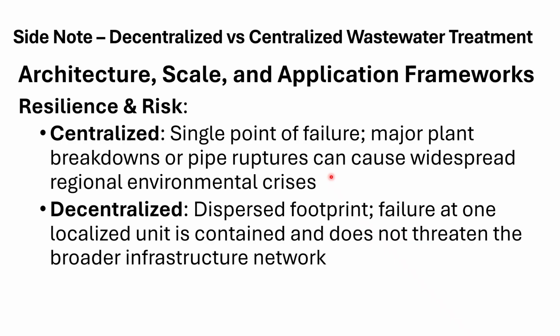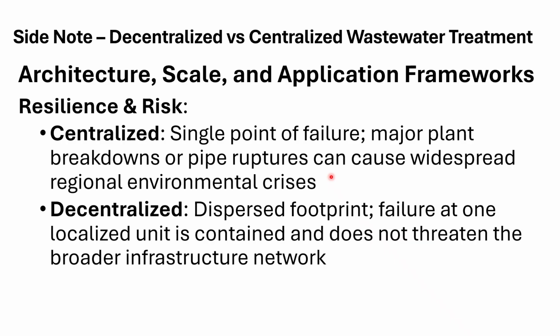So you may have read in the paper over the past several years, E. coli discharges, different types of problems at the wastewater plant. Think about that. There's one wastewater plant for the entire city of Santa Fe. If that one wastewater plant went down, people aren't going to stop doing their business or flushing or what have you.